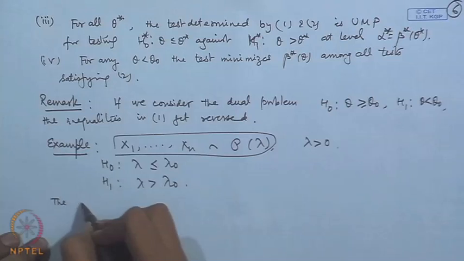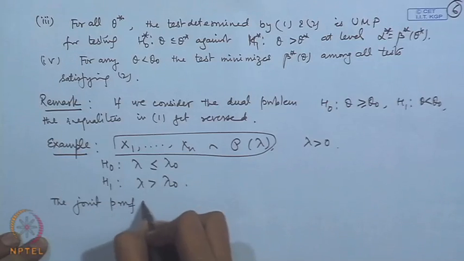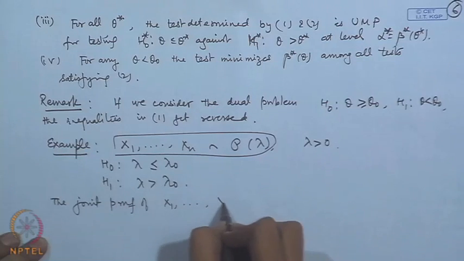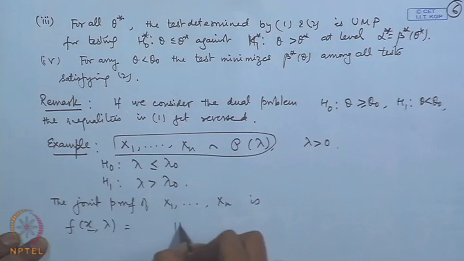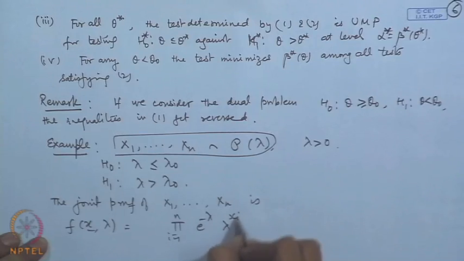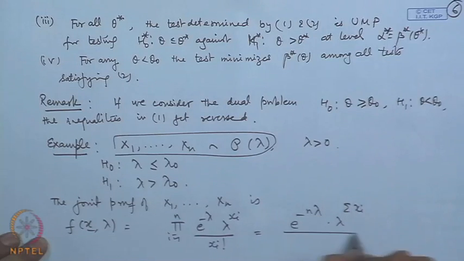So, the joint probability mass function of X1, X2, ..., Xn, we write it as f(x; lambda) equals the product for i equals 1 to n of e to the power minus lambda, lambda to the power x_i by x_i factorial, that is equal to e to the power minus n lambda, lambda to the power sigma x_i divided by product x_i factorial.